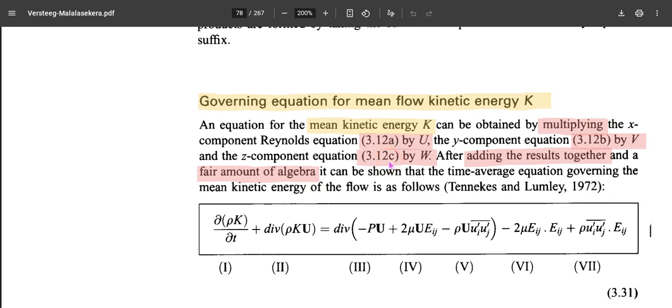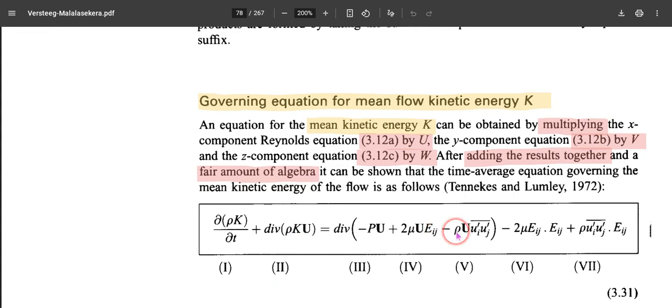We multiply the a component with the respective x component of the velocity, namely u, 3.12b by the y component, v, and 3.12c, for the z component, by w. Once we multiply and add up the results, and after a good amount of algebraic manipulation, we end up with time averaged equations governing the mean kinetic energy of the flow.